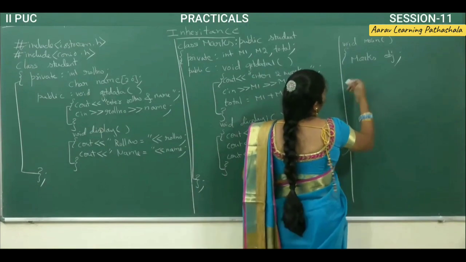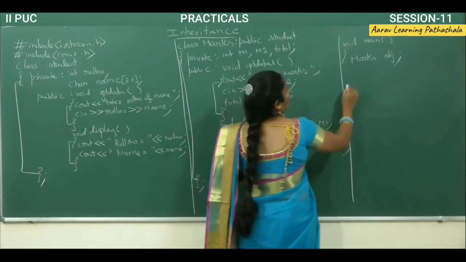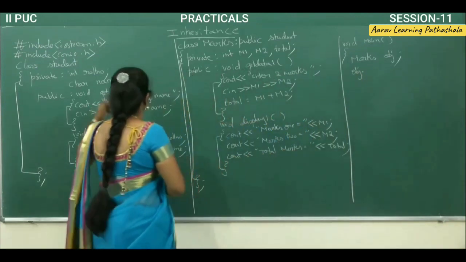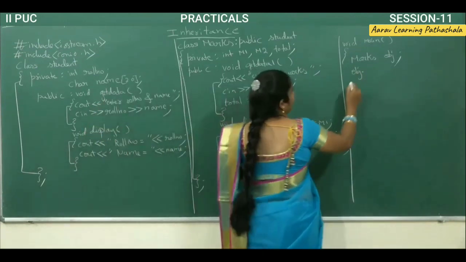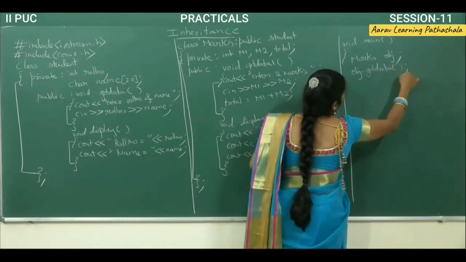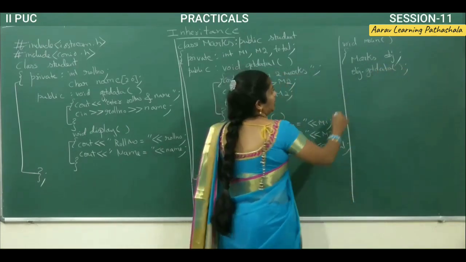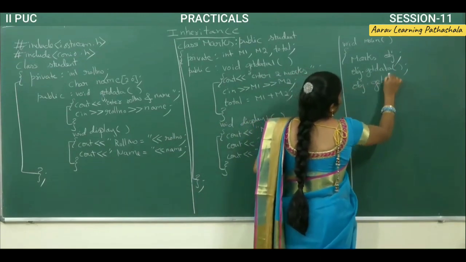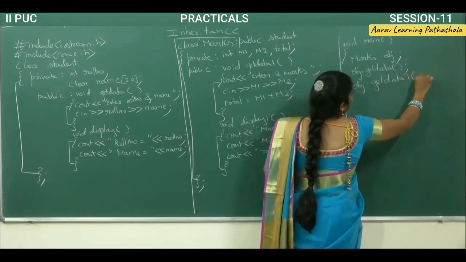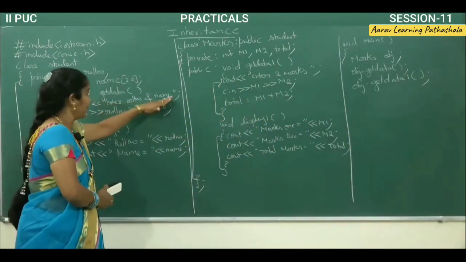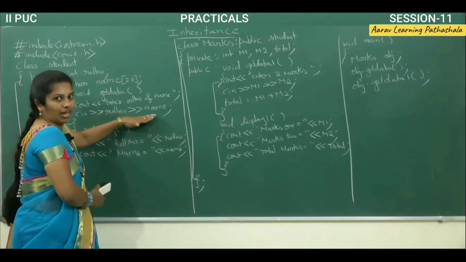Then next after that, call the functions one by one. Object dot whichever you want, you can call. For example, first I am going to take the get data function. I am going to call the get data function. Next, object dot get data 1. ಅಂದ್ರೆ ಫಸ್ಟ್ ನಿಮ್ಗೆ ಔಟ್ಪುಟ್ ಏನ್ ಬರುತ್ತೆ, enter roll number and name, then input that value.